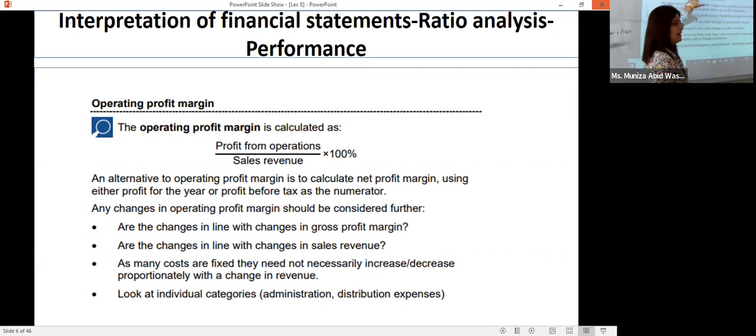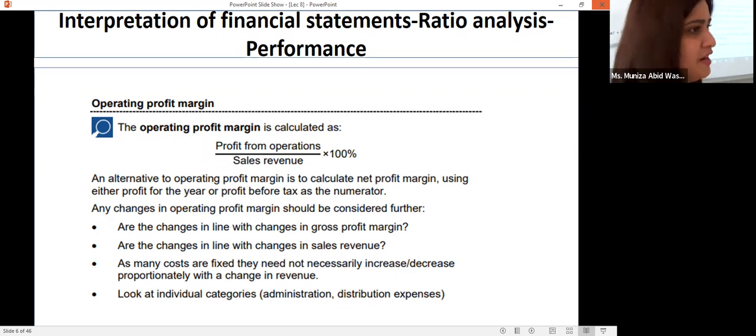If your numerator and denominator are the same, it means that the position will be constant. What are the results which you are going to get? 100 divided by 100.